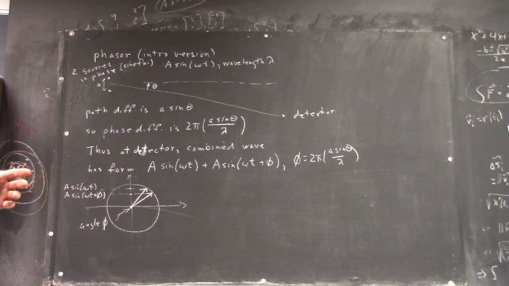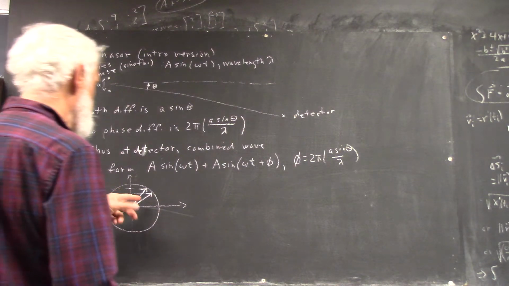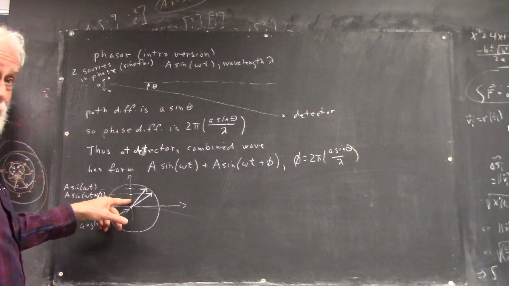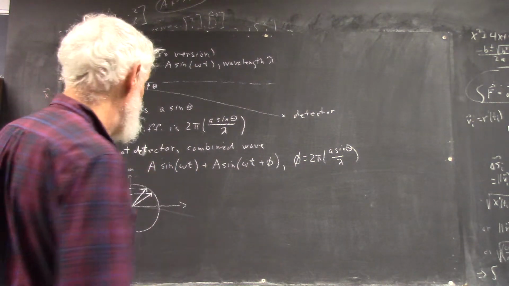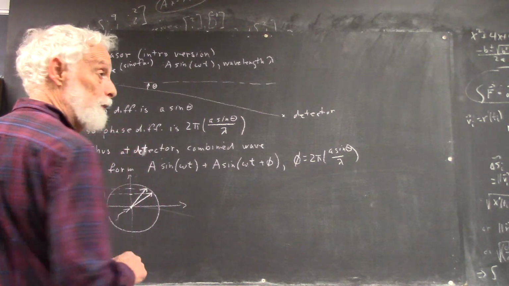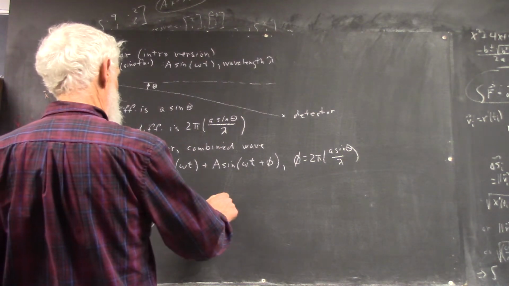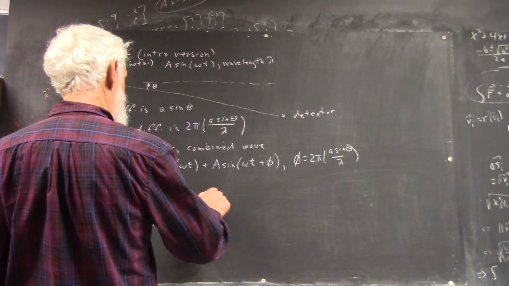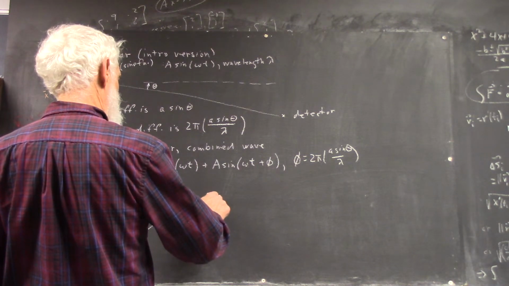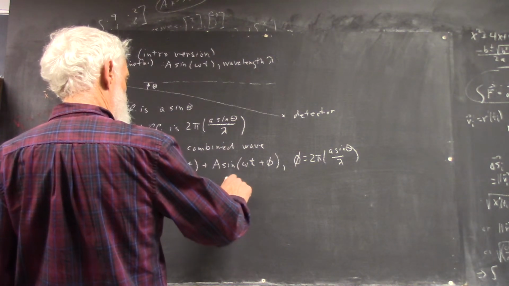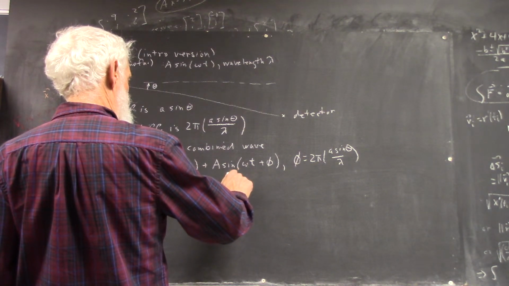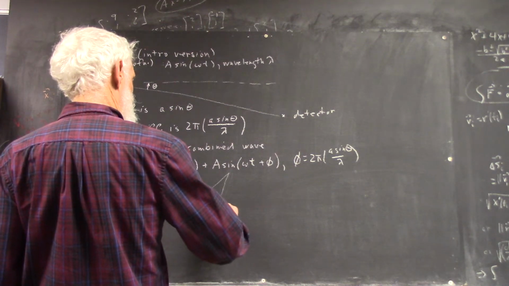So the net vector that represents this expression is the sum of these two vectors. So we take these two vectors and find the resultant just using the parallelogram method.